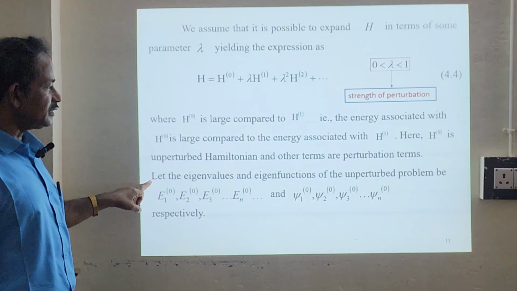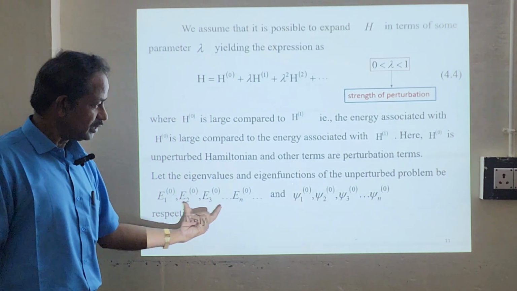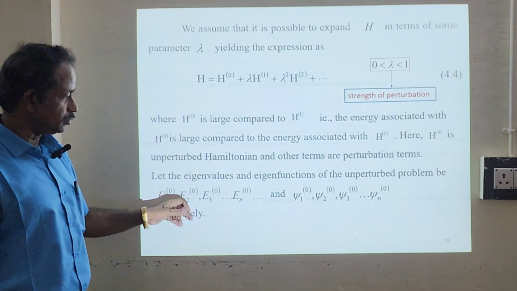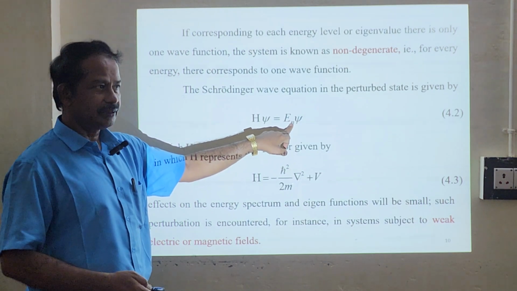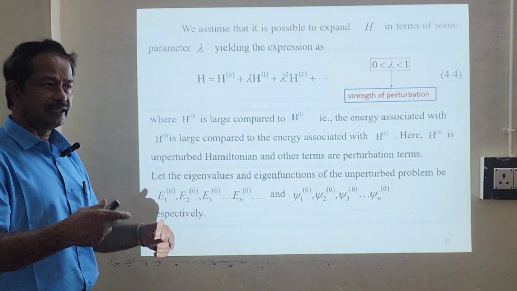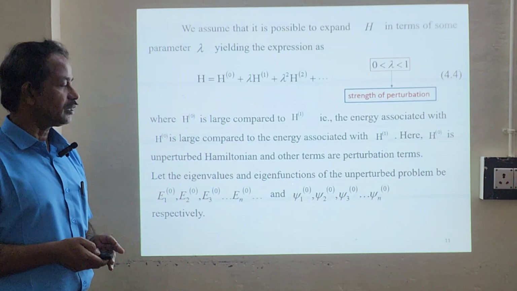Let the energy eigenvalues and eigenfunctions of the unperturbed terms be given by En0, E20 and so on, for the n levels. Similarly psi 1, psi 2, psi 3, up to psi n are orthonormal wave functions.